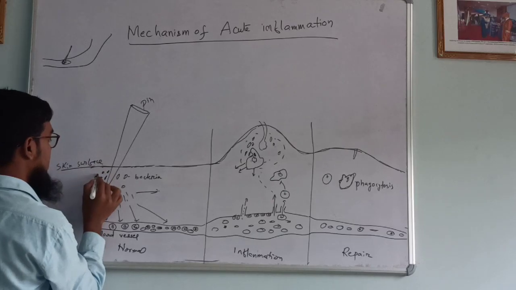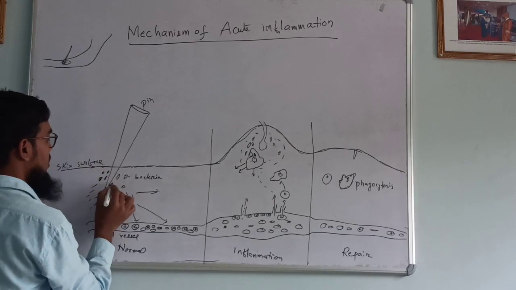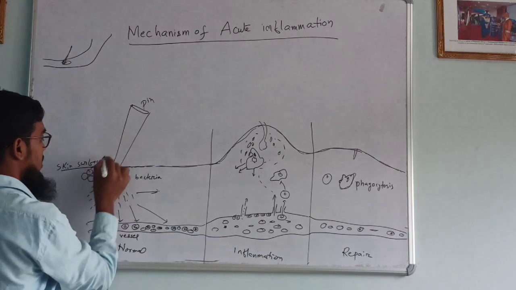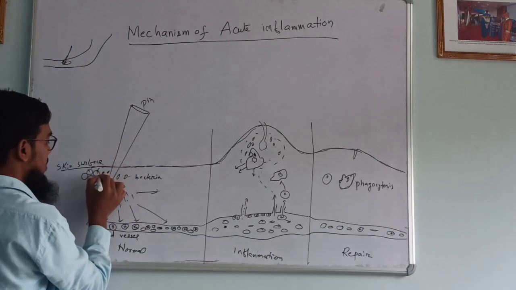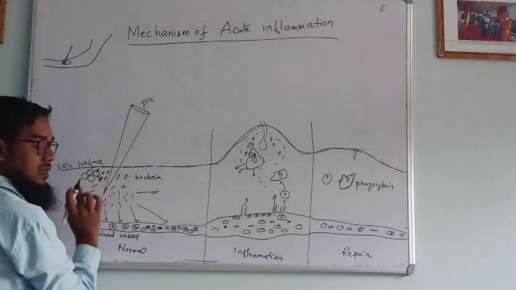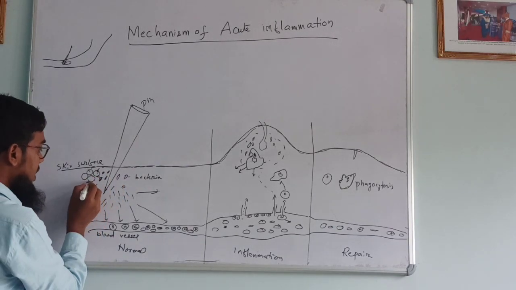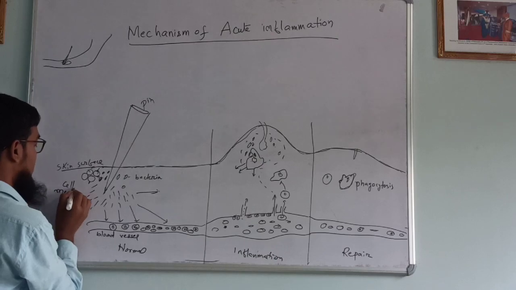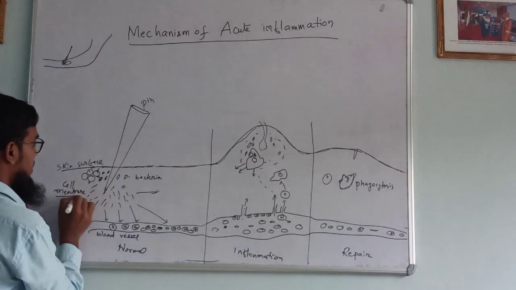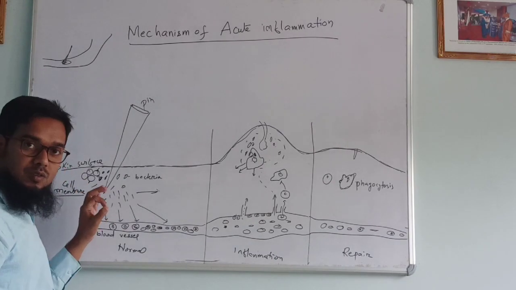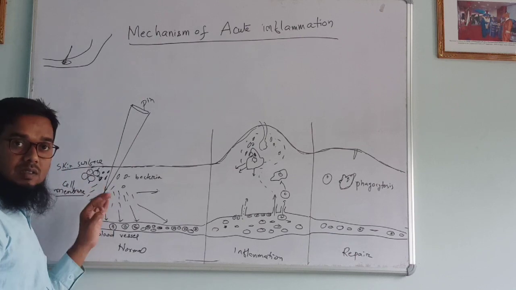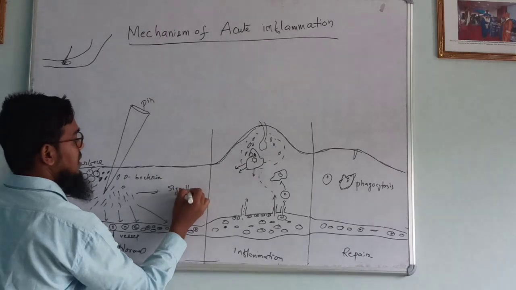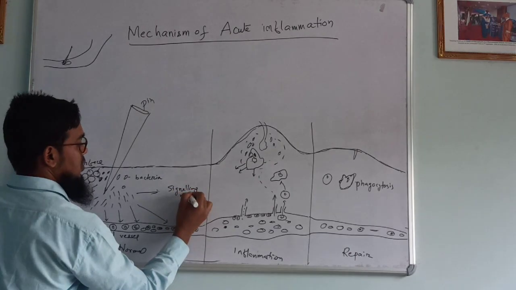In that skin, there are cells which will get damaged. For example, these are the cells. When the injury occurs, the cell membrane breaks, and the damaged cells produce some signaling molecules.